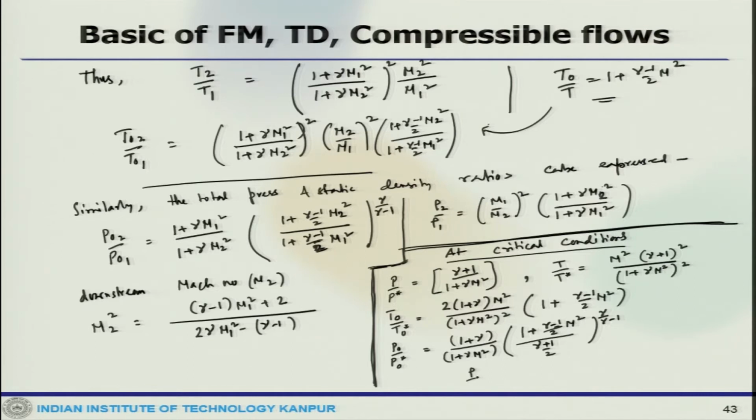And finally, rho by rho star is 1 plus gamma m square by 1 plus gamma, which is m square. So, these are the conditions that you can obtain for Rayleigh equations.